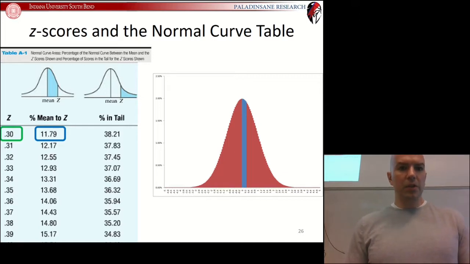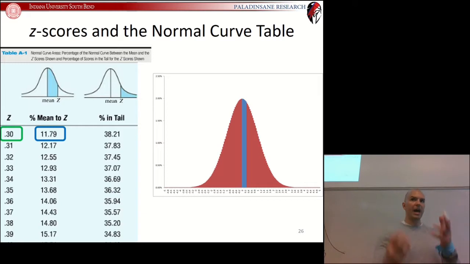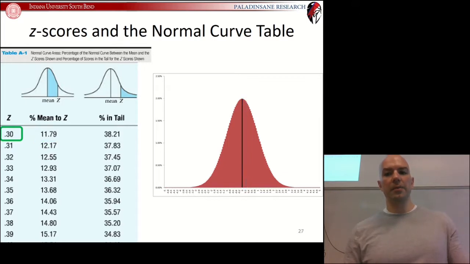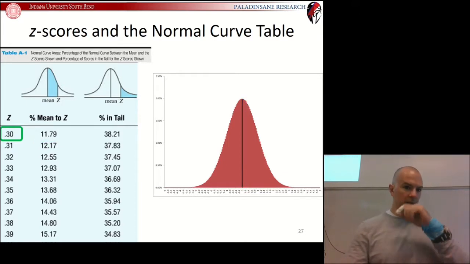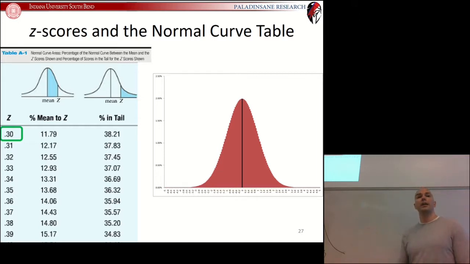All right, so those are the two straightforward ones. Those are the ones that are actually in your unit normal distribution tables. The last one that is very common is when you're asked for a z-score and it's more than 50% of the distribution.